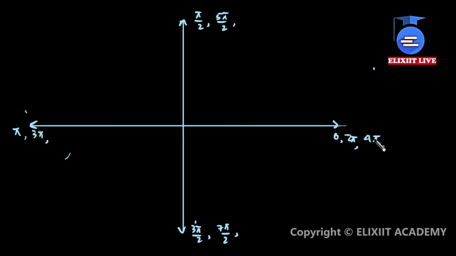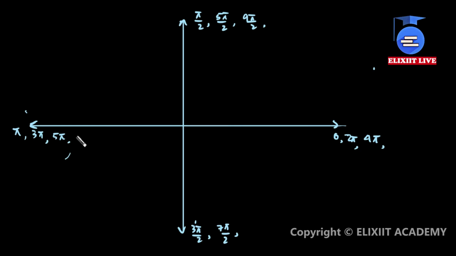If you continue some more terms, you have got 7 pi by 2. Then we have 8 pi by 2, so that's 4 pi. Then we have 9 pi by 2. Next rotation will be 9 pi by 2. Post which, we have 10 pi by 2, that's basically 5 pi.